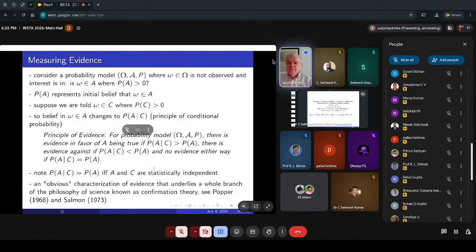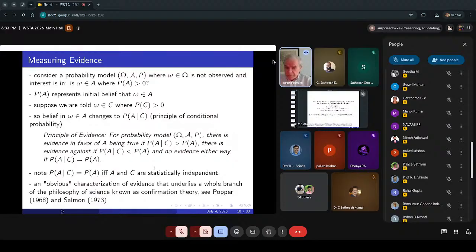Okay, so I want to talk now about measuring evidence. When we're talking about measuring evidence, we don't really need to be statistical. We can just think in terms of probability, because that's where the characterization comes from. Okay, so I have a probability model, and I have an observation that comes from that probability distribution, but I don't see it.